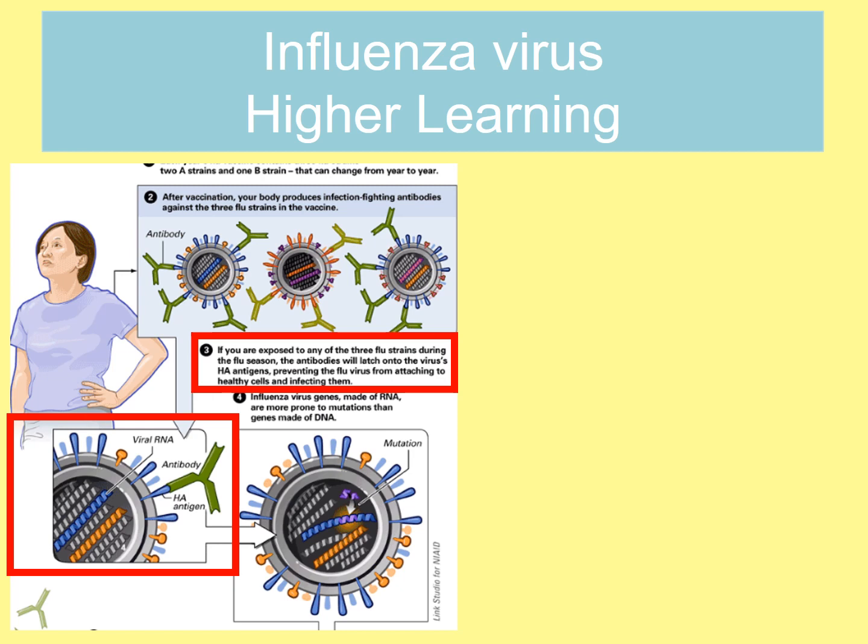This allows it to reinfect the person because its new antigens are not recognised by their memory cells. It is for this reason that influenza remains a major public health problem. At-risk individuals need to be vaccinated every year with a new version of the vaccine to give protection.